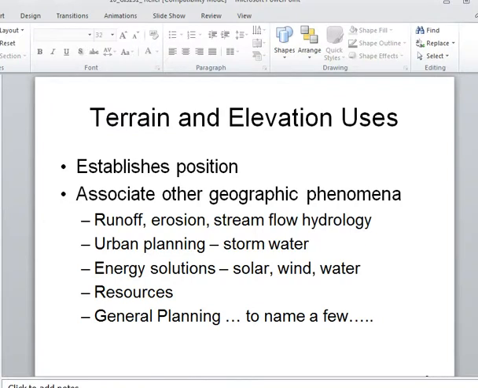So we use that a lot when we're just talking about places, but the details of elevation are critical for most analysis. If we want to do anything about stream flow hydrology, or look at stormwater runoff, right now one of the big concerns in the Portland area is that the infrastructure they've developed is not going to hold the expected runoff and the amount of rain that we're going to be getting.